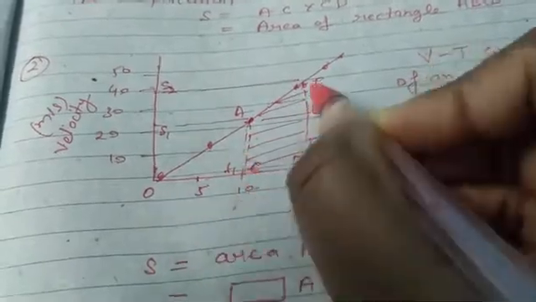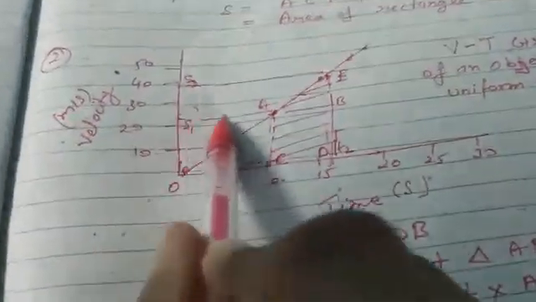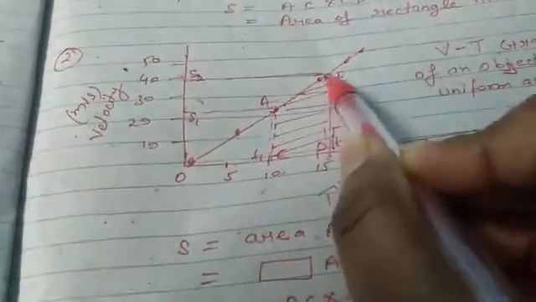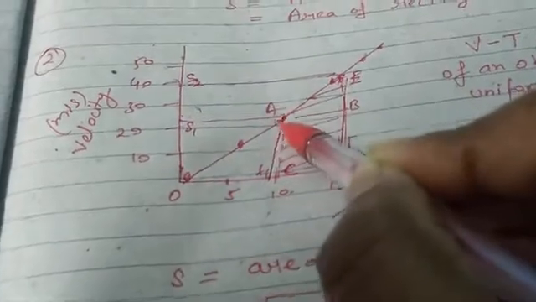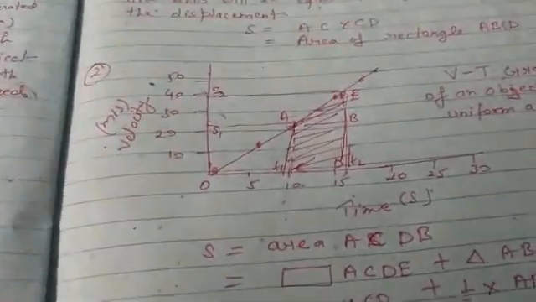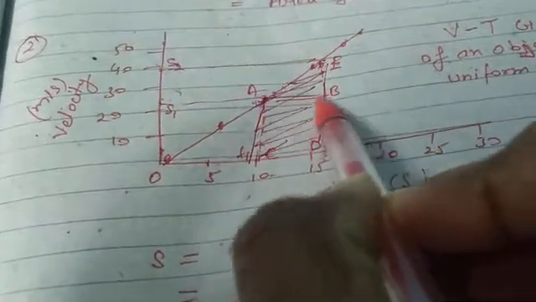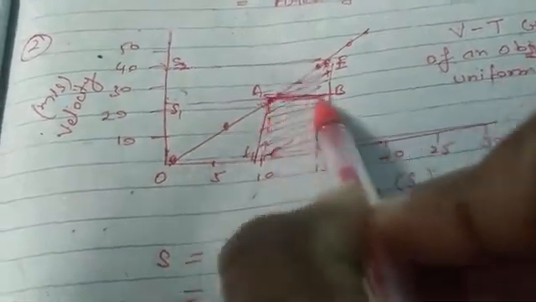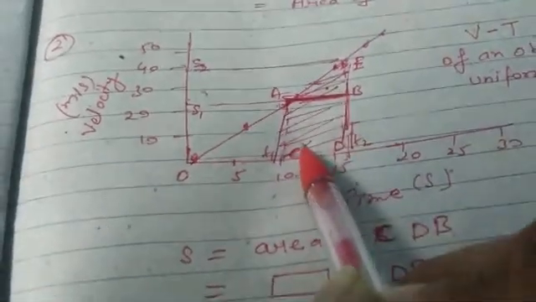Now draw a line parallel to the y-axis, and draw 2 lines parallel to the x-axis. Now you can see that this area is covered by the graph. This is the form of a trapezium. You can apply the area of a trapezium directly, but if you do not know it, you can divide this figure into 2 parts. This is a triangle and this is a rectangle.